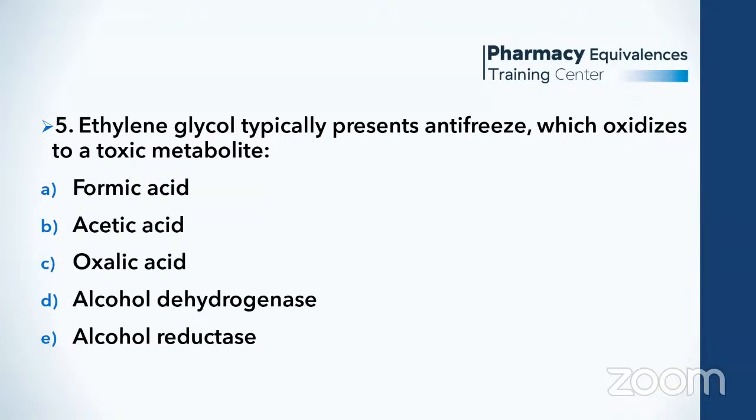Ethylene glycol typically presents as antifreeze, which oxidizes to a toxic metabolite. What is the toxic metabolite in this case? What is the ethylene glycol? This is the ethylene glycol. If we draw its structure, this is the ethylene glycol.